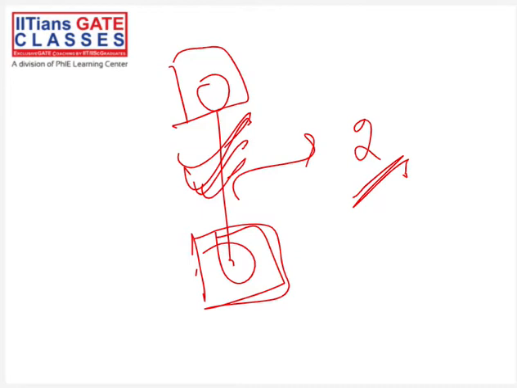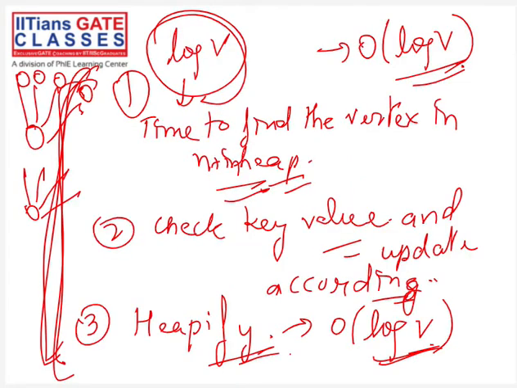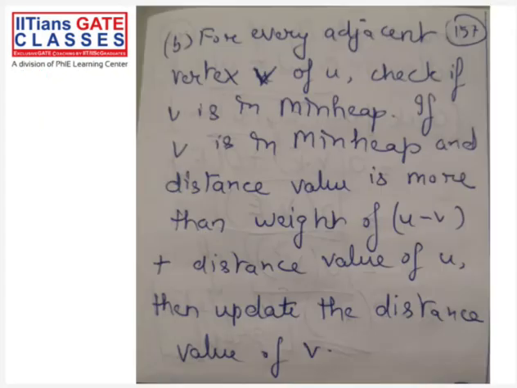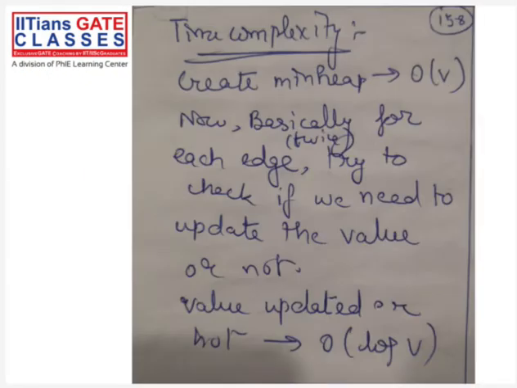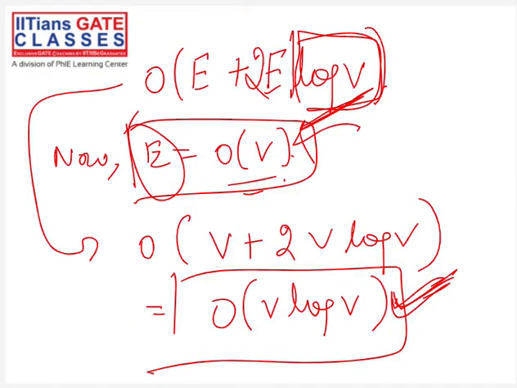So if I say that there are E edges in the graph, totally 2E times you're doing this procedure, the procedure that I just mentioned. So that means 2 into E into log of V. Alright. Okay, so I hope this is clear to everyone.